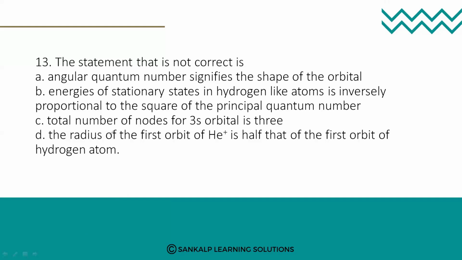C, total number of nodes for 3s orbital is 3. D, the radius of the first orbit of He plus is half that of the first orbit of hydrogen atom. So which is not correct? Which is incorrect among the following? Can anybody tell?